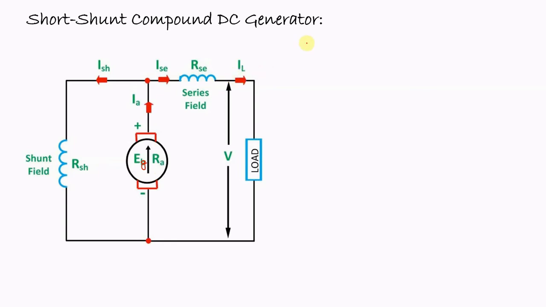So here the current flowing to the load is equal to the series field winding current, and the current flowing to the shunt field winding, that is ISH, can be written as (V plus ISE into RSE) upon RSH, or it can also be written as (EG minus IA RA) upon RSH.